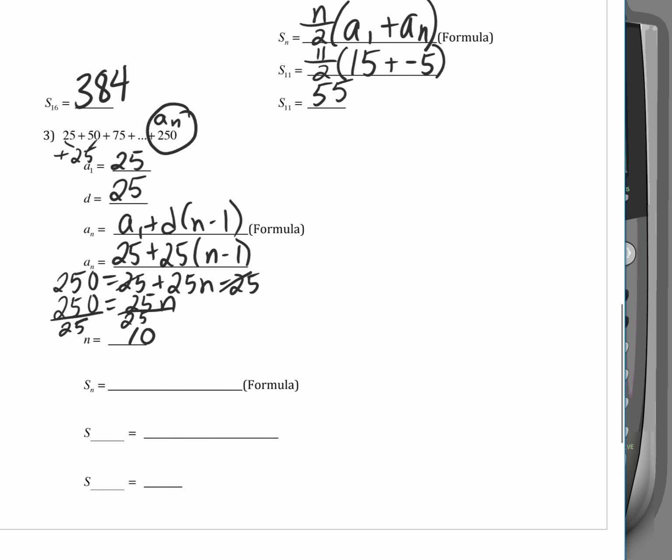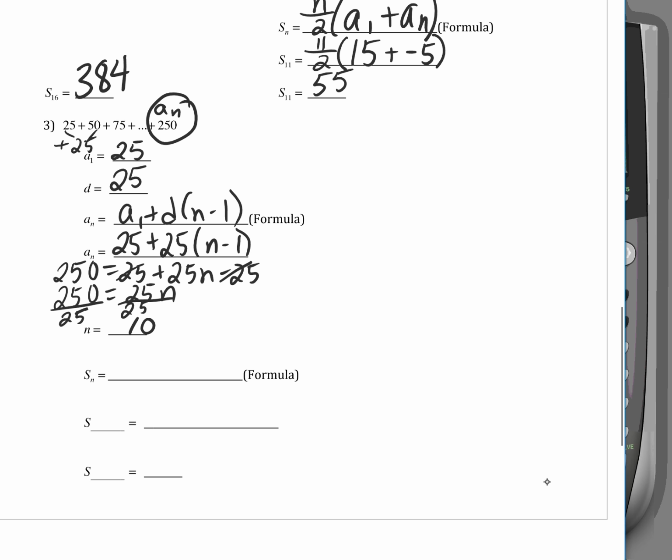And now we'll have enough to plug into our SN formula. I'm just going to highlight that this is N equals 10 here, so squish it in a little bit. So again, we're rewriting the formula. We now know that Sn is really S10 because we came up with our N value. So we'll put 10 over 2 in.